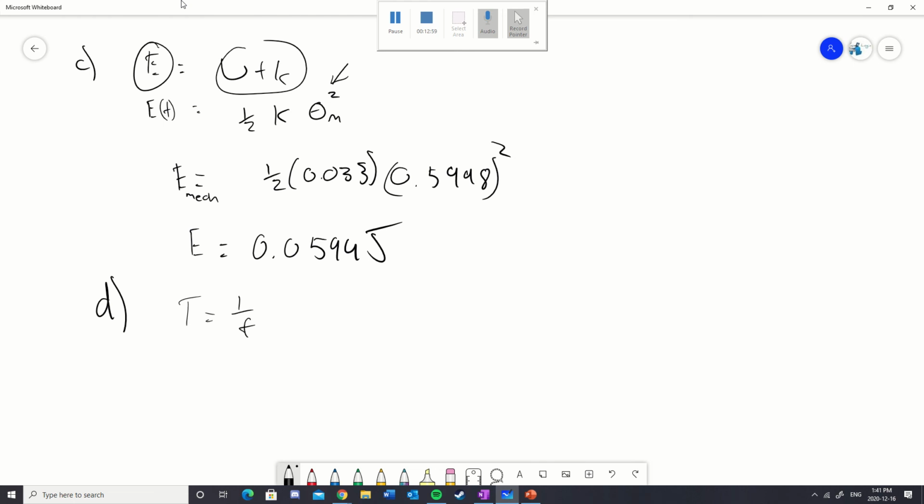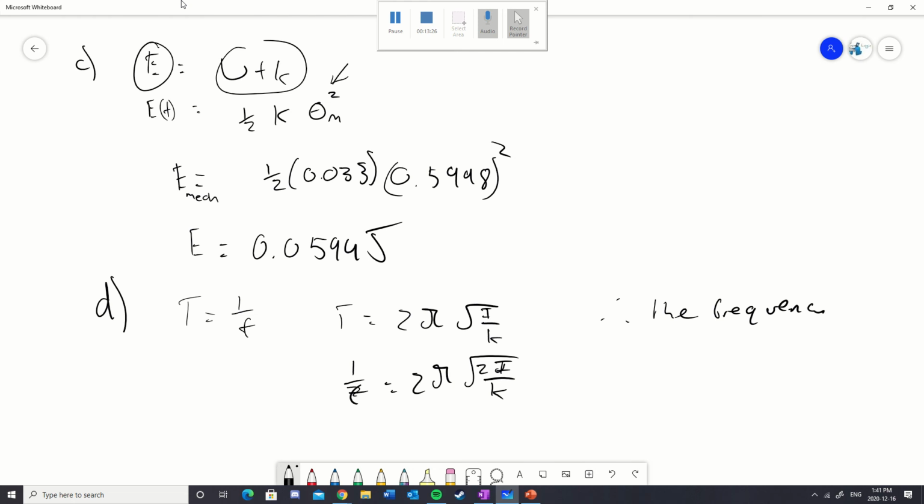Since period is equal to 1 over f and also equal to 2 pi square root of moment of inertia over k, if you simply double this and set these equal to each other, you'll eventually find that the frequency would decrease. And that is all for the first question.